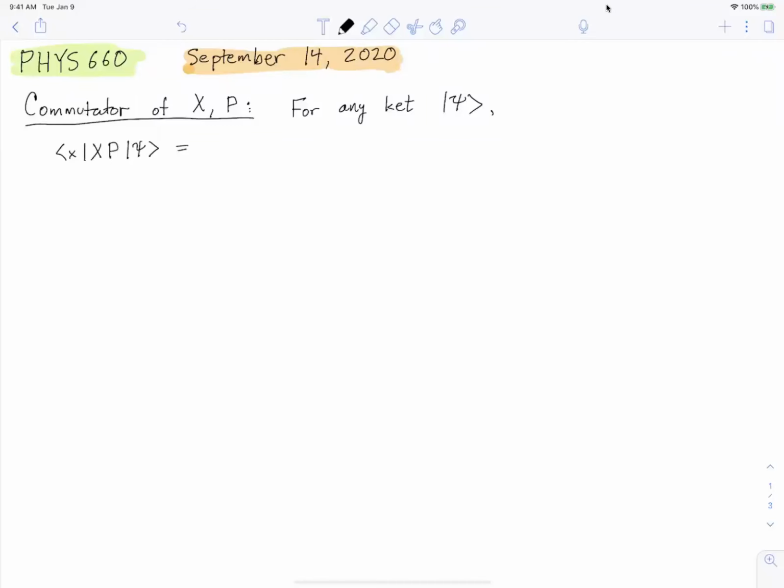And according to what we learned last time, you can compute this as x times minus i h bar d by dx. That's the representation of the momentum operator in the position basis acting on the ket psi, or the wave function psi. Or just simplifying it a little bit, that's minus i h bar x d by dx of psi.